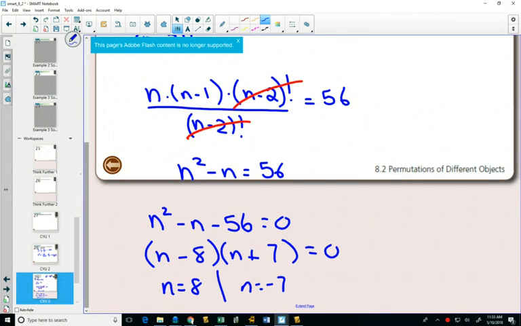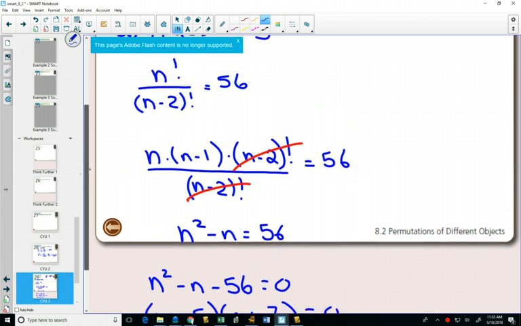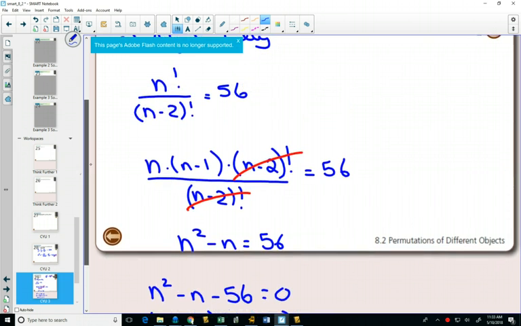Now, when we learned about factorials for the first time, our definition of factorial was only if the values were positive whole numbers, and we also had a special definition that said 0 factorial was equal to 1. So after you get your answers, anytime you have an equation with factorials, you're going to have to check to make sure you don't have any negative factorials.